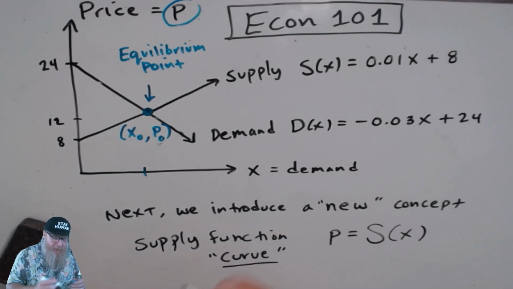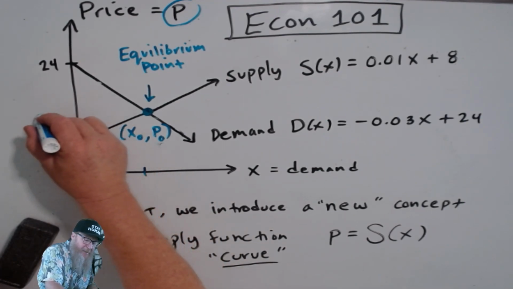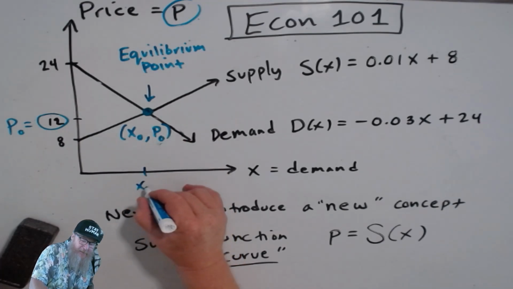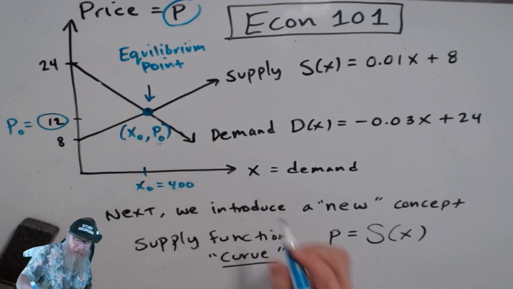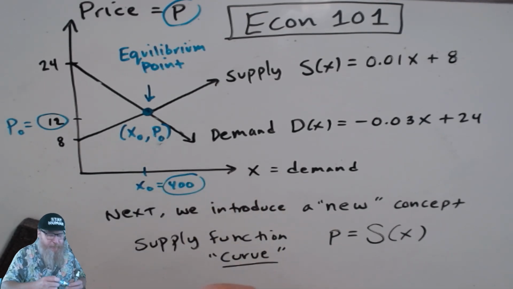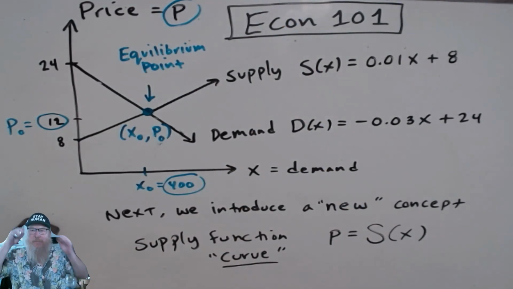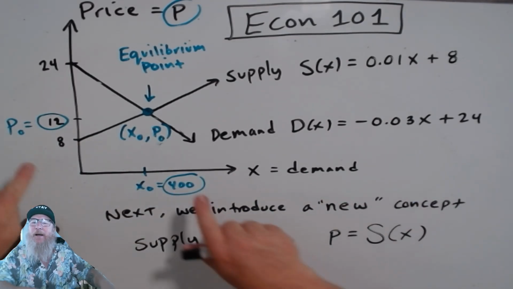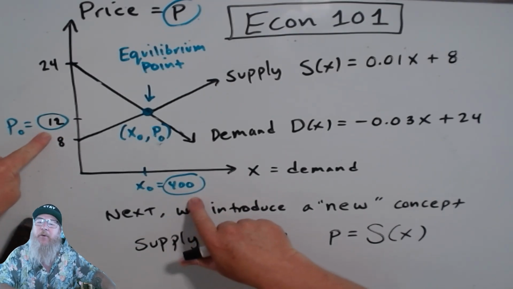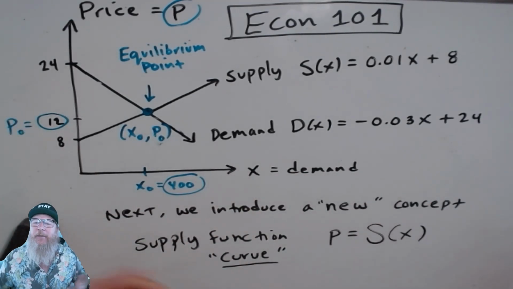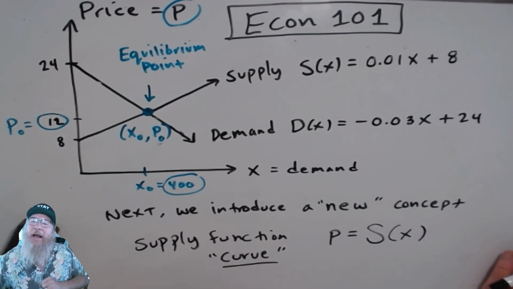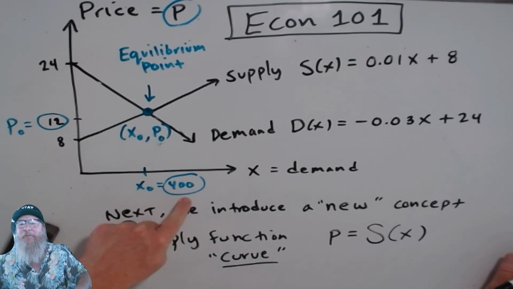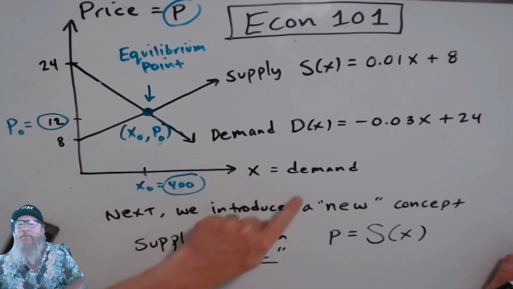Now, in this example, I'm going to go ahead and give it to you. P sub 0 is 12. And x sub 0 comes out to be 400. Now, I'm trying to just introduce the concept, so I'm not going to show you how I got the 12 and the 400. I will show you that later in this lesson. So just for now, just trust me. These two lines intersect when x is equal to 400. That's the demand, right?